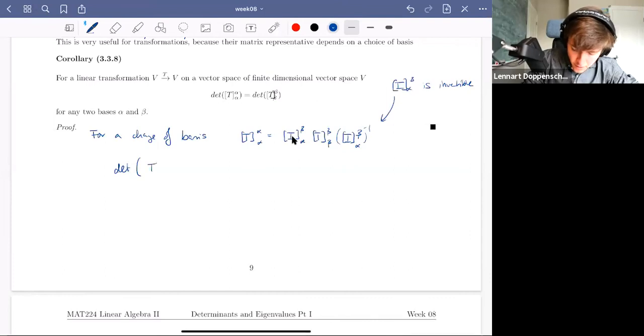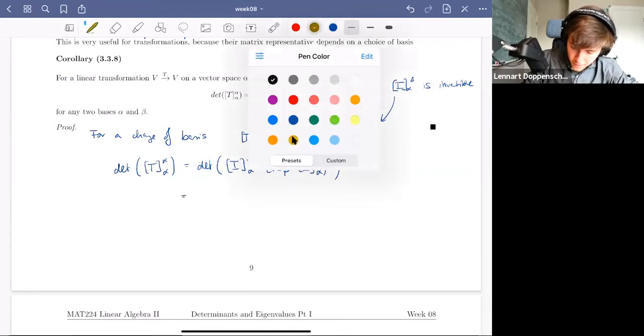If you take the determinant of T alpha alpha, then this is the determinant of these three matrices together: I alpha beta, T beta beta, I alpha beta inverse. Now we use the first property of the theorem that we just proved.